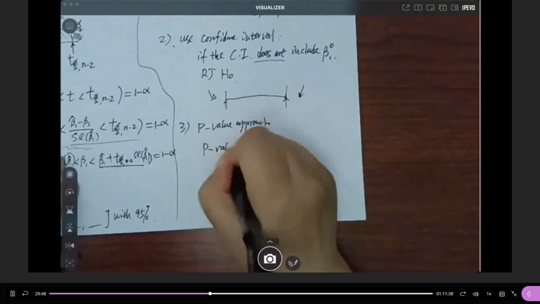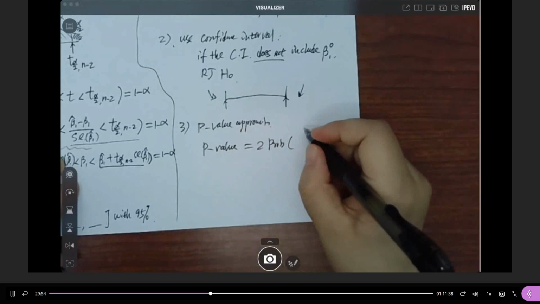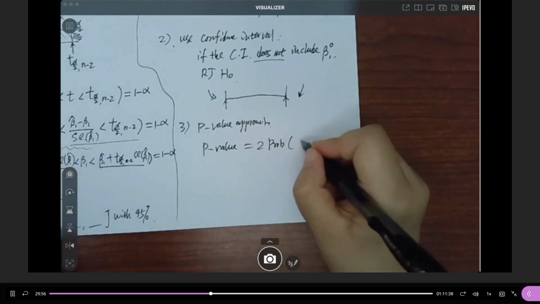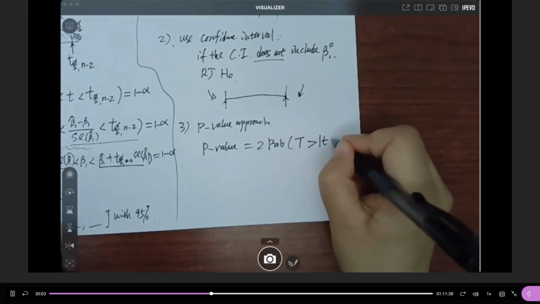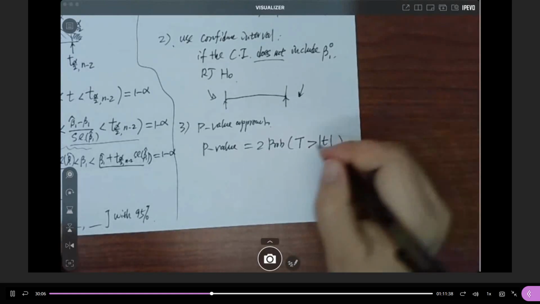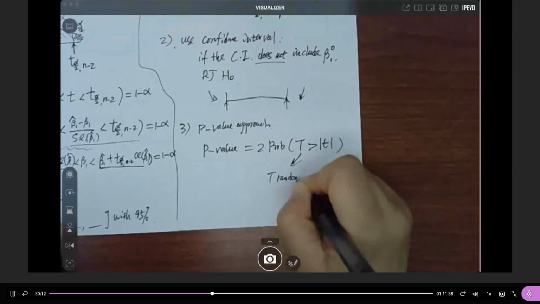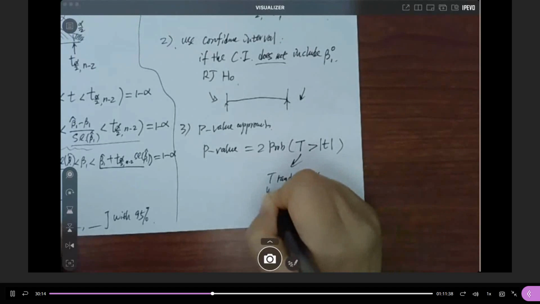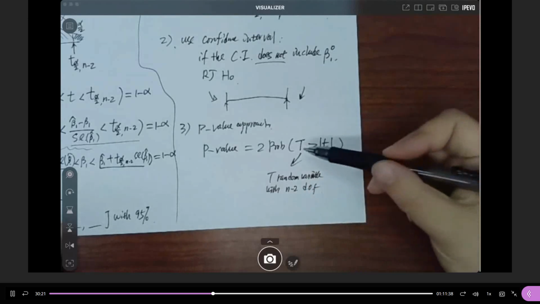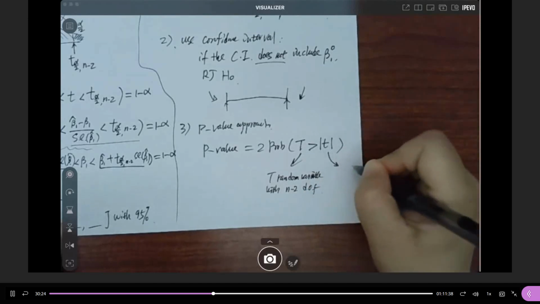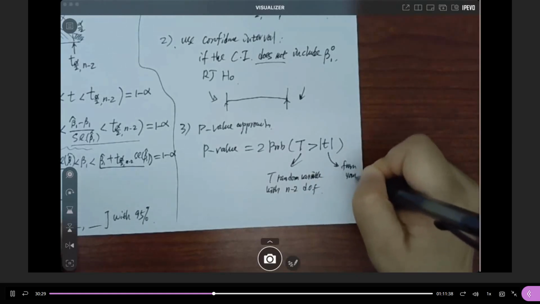So the p-value equals 2 times the probability for a t random variable, with the same degree of freedom, to be greater than the absolute value of your calculated t. In our case, it's n minus 2 degrees of freedom. This is something you look up from the table. This lowercase t is what you calculated from your data.